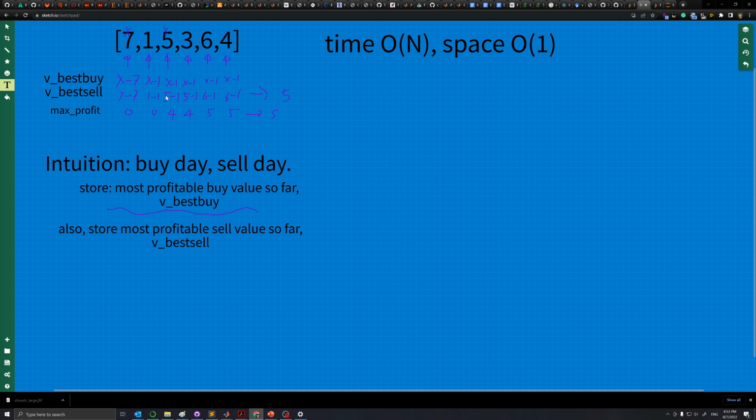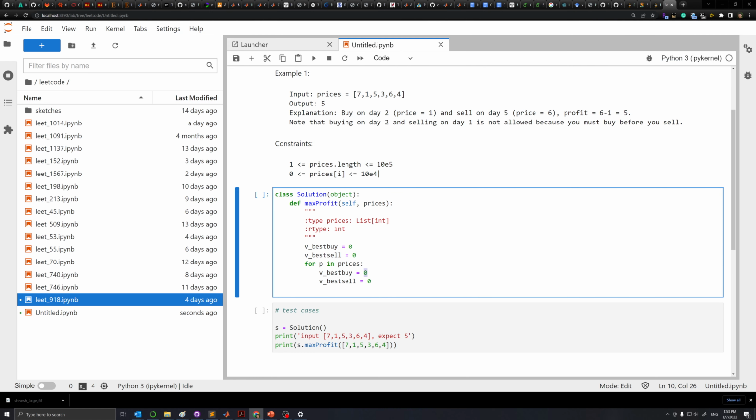Actually, let's just use positive. Let's forget the negative calculation here. Our best buy value is going to be the smallest, the smaller the better, right? So the first is going to be whatever it is, and then it'll be the minimum between the current one and the previous one, right? So it'll be min between v best buy and p.